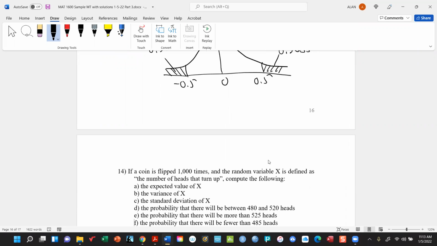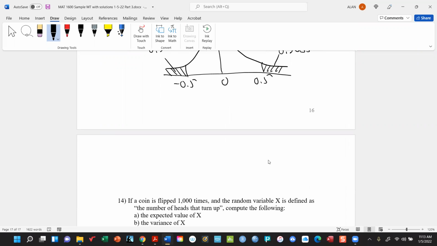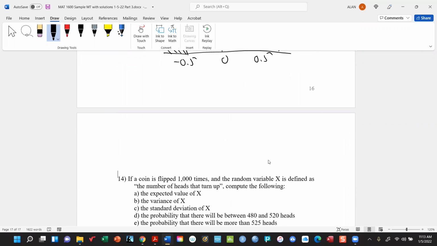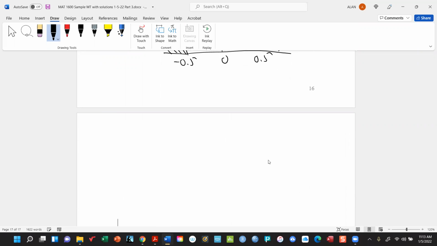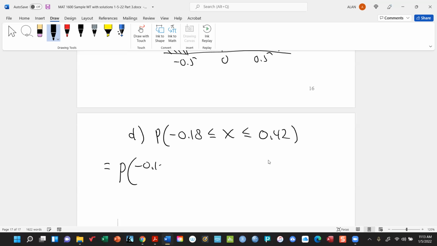Beautiful. Now for D, we're looking for the probability. This is an in-between problem. Between negative 0.18 and 0.42. And so once again, we're going to subtract from each one of these 0.12.